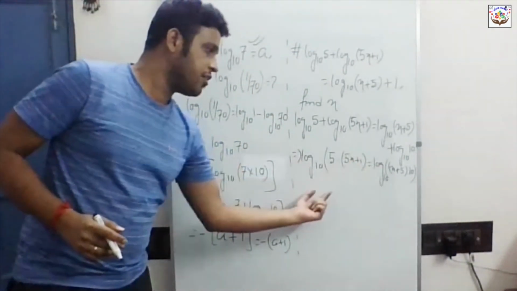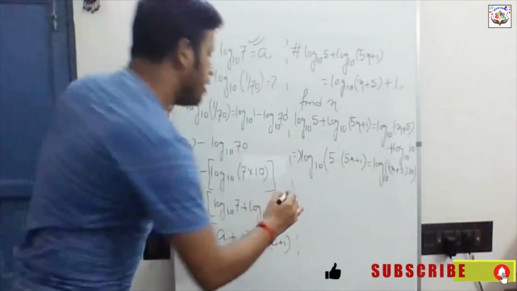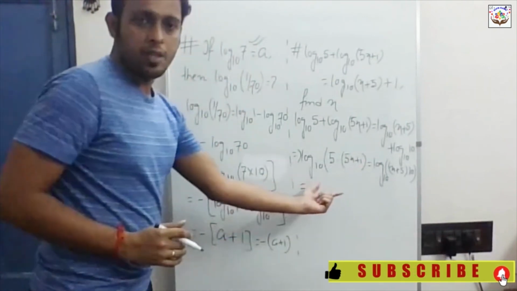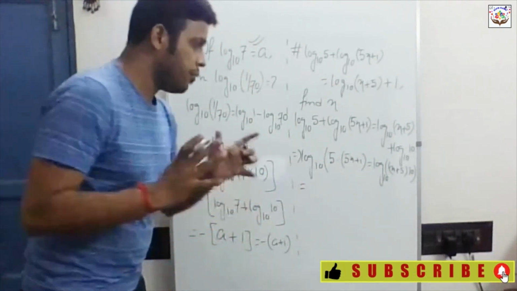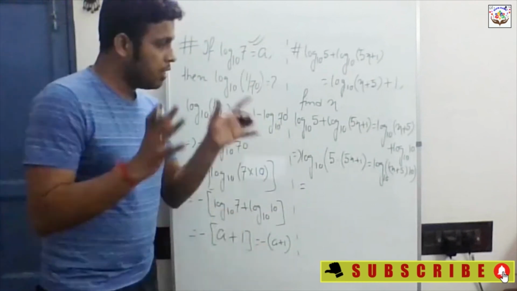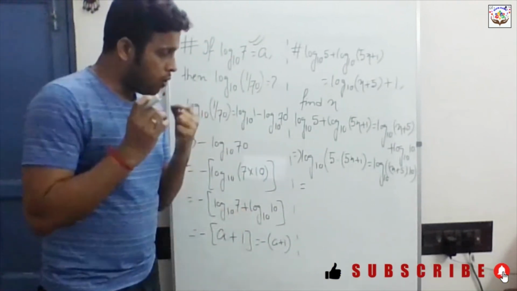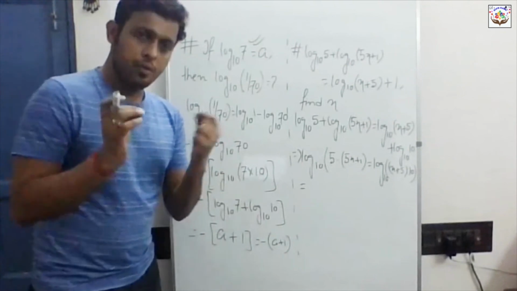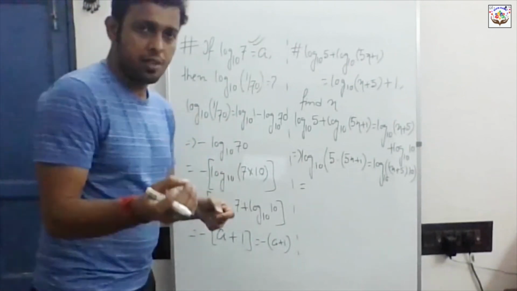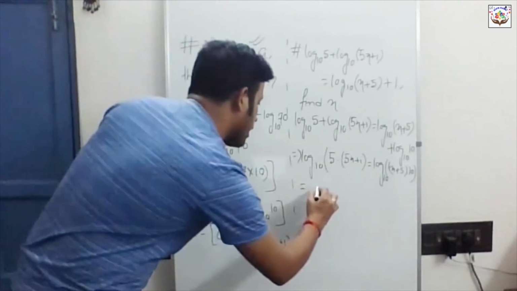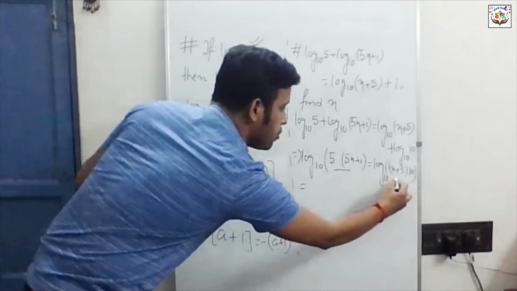So at both the sides there is a log 10. So we can easily equate. I hope you can understand that part. Okay. If any problem, you can pause the video, try to understand. Although if it is not clear, you ask me in the comment section. Okay. So I can write this equals to this.